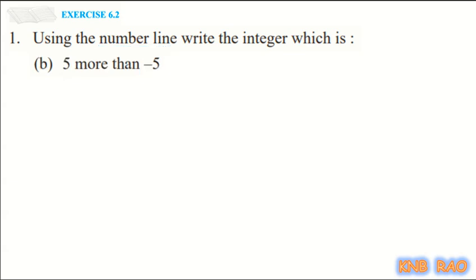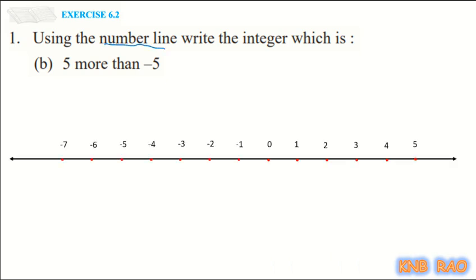Next question: 5 more than minus 5. If you want to show the same on a number line, again draw the number line and mark the points on it. 5 more than minus 5 means you are already at minus 5 here, and you are finding 5 more than that, that means moving towards right 5 times: 1, 2, 3, 4, and the 5th time.